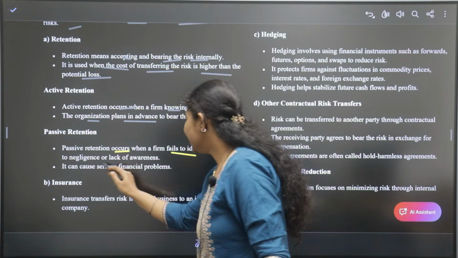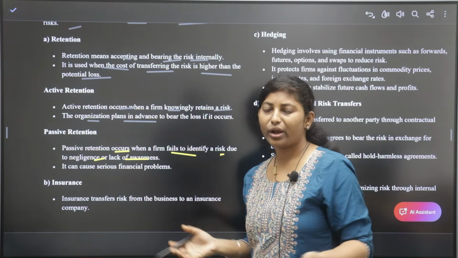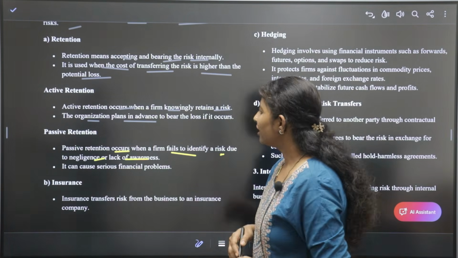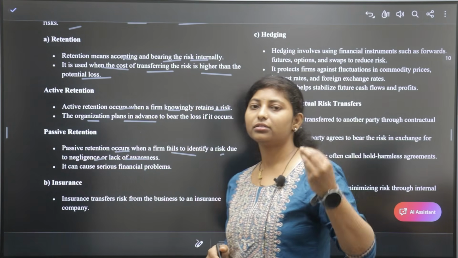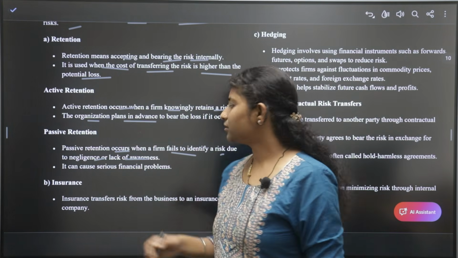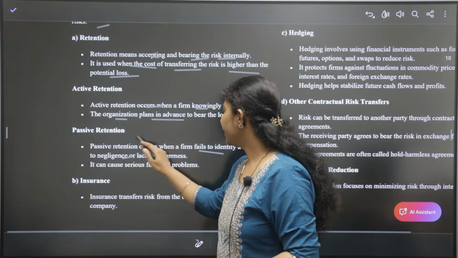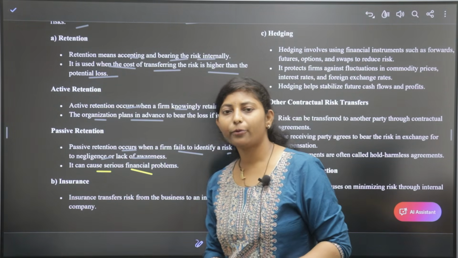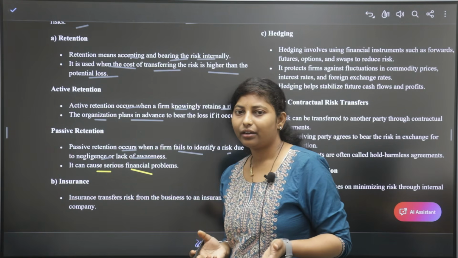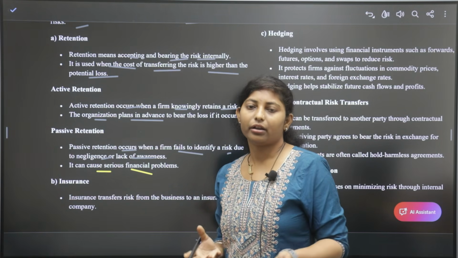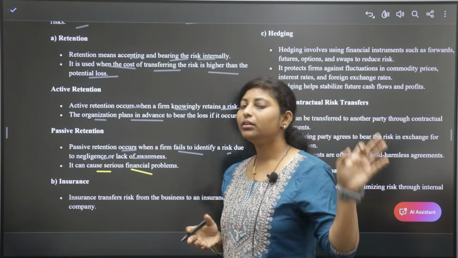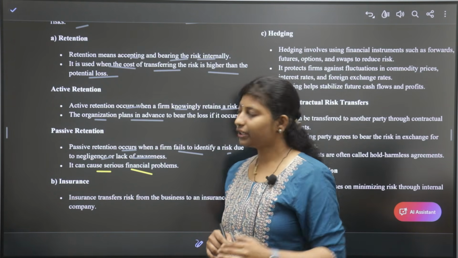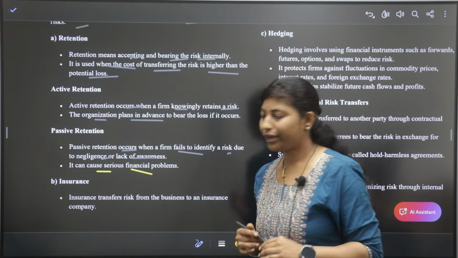Due to our negligence or lack of awareness, we don't know anything about such a risk. It can also cause serious financial problems. If you are unaware, not ready to bear it, and didn't plan anything, then it is a very big problem for your company. That is passive retention.